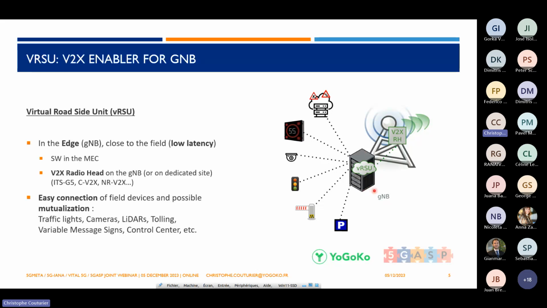This is a virtual piece of software that relies on the MEC, and with that, we can communicate with the devices on the field. We can also provide V2X connectivity to any kind of infrastructure equipment, for example, a traffic light, a CCTV camera, or a variable message sign. And doing so, we make the promise of 3GPP of having a V2X-enabled network a reality.